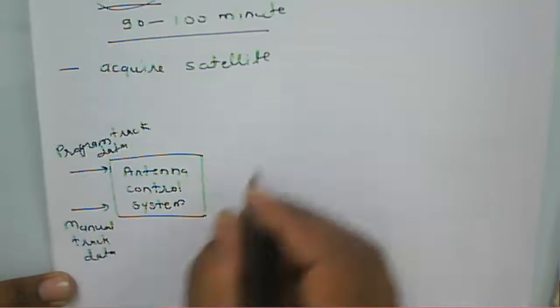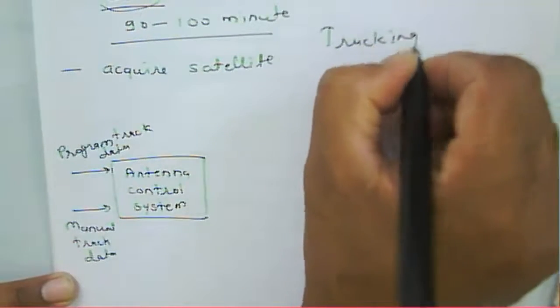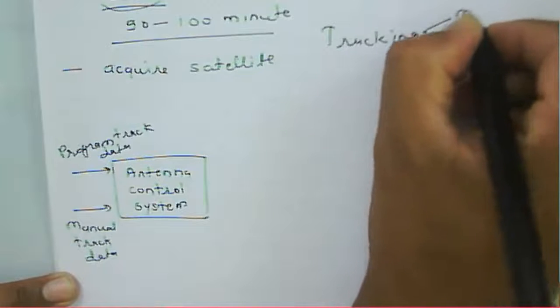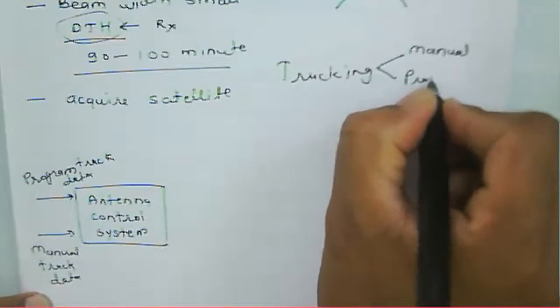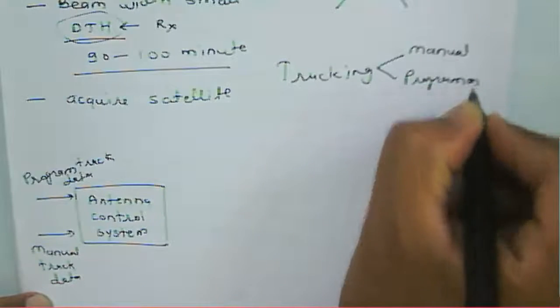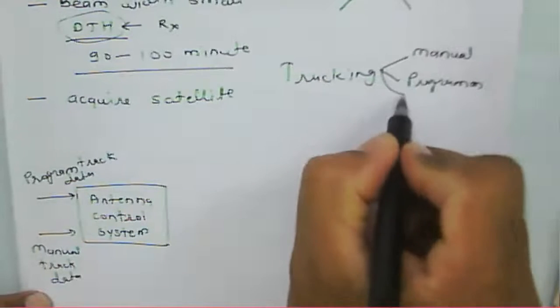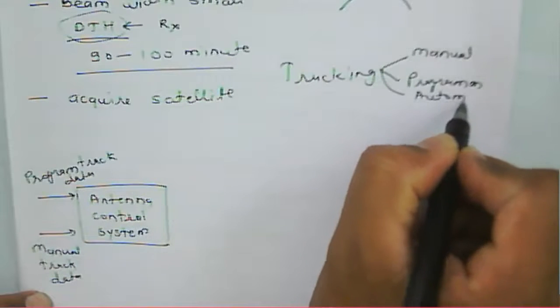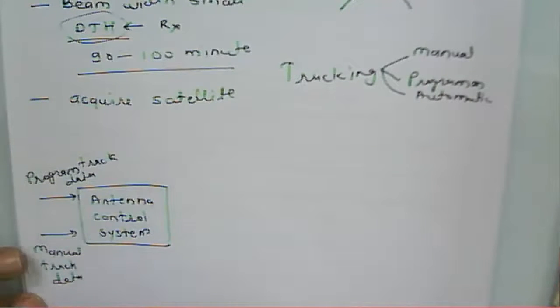As I told you earlier, tracking can be manual, program tracking, or automatic tracking, also called auto tracking.